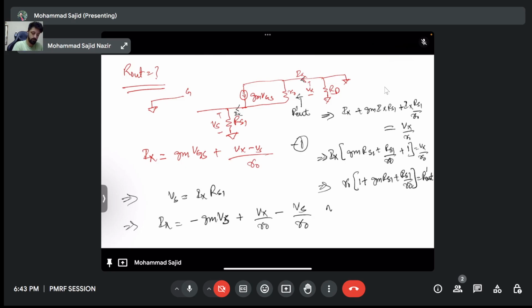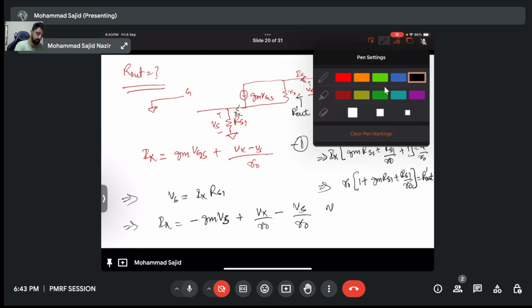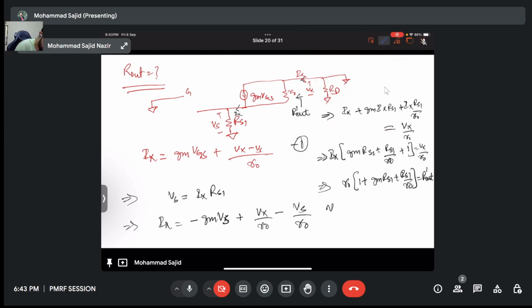And now the total R out will be R out dash in parallel with RD.